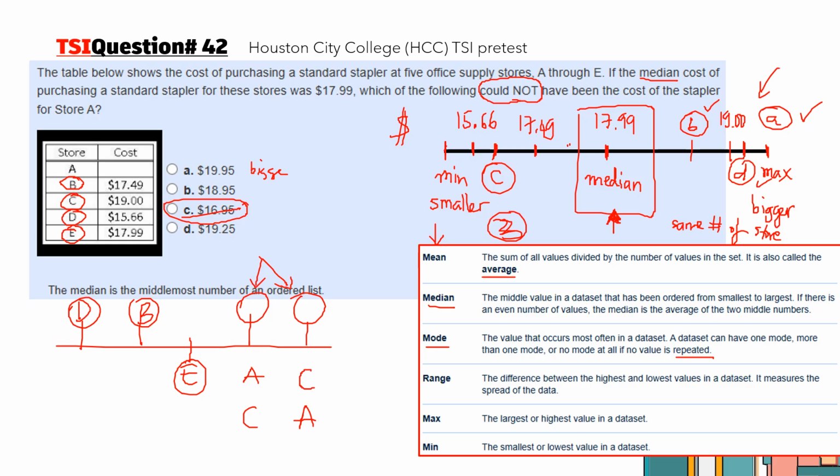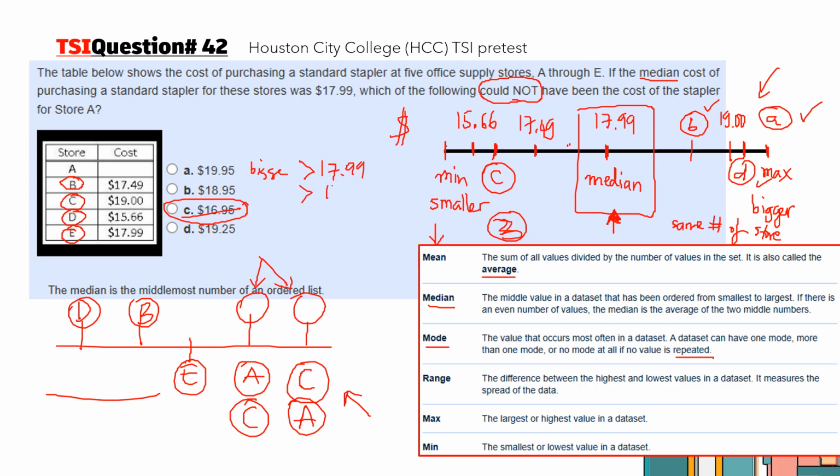But we know that C and A are always bigger than 17.99. Stores C and A have values bigger than 17.99 because the less-than places are already filled. We only need to fill the bigger places. And like I said, 19.95 is bigger than 17.99.